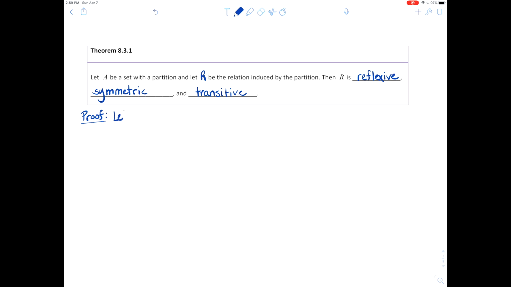Well, we need a set A, right? So let A be a set, and this is a set with a partition. Since A is a partition, we know a couple of things.